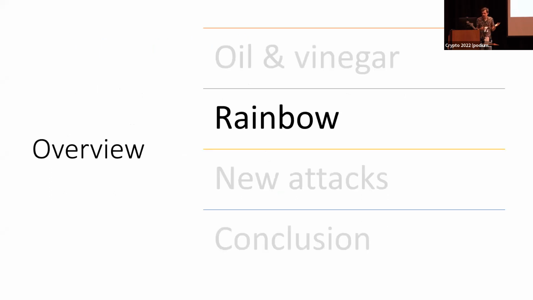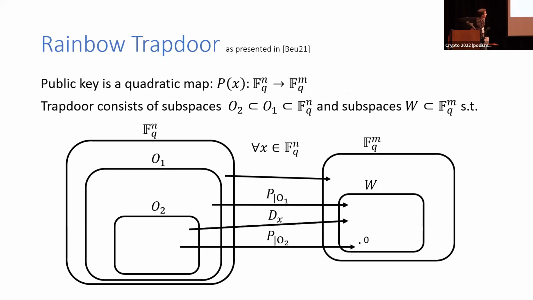And now how does Rainbow work? So it's a bit more complicated. Instead of one space O, we now have two spaces, so O1 and O2, and they sit inside of each other. And there's also a space W in our output space. And the map P now behaves nicely on these subspaces.